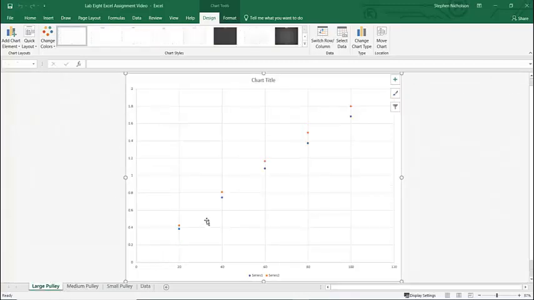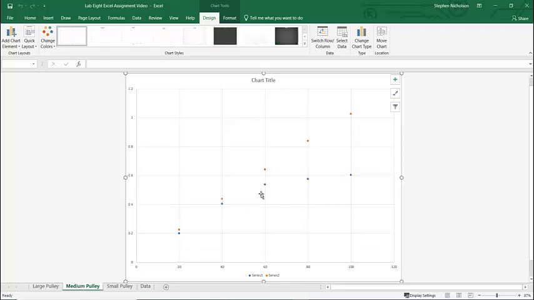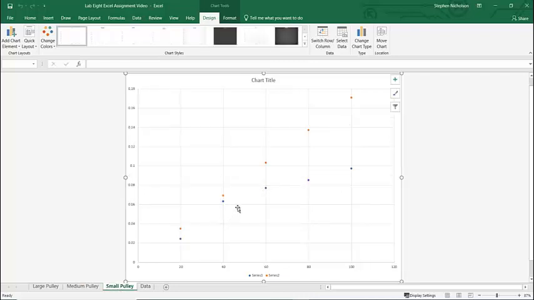So let's look. You can see with the large pulley, all of the measured are lower than the theoretical, about the same amount in terms of percent-wise probably. But if you go to the medium pulley, you can see how they diverge here, and that's where slippage is occurring. So the slippage starts to happen here at 60 grams for the medium pulley, and it happens definitely at 60 grams for the small pulley.